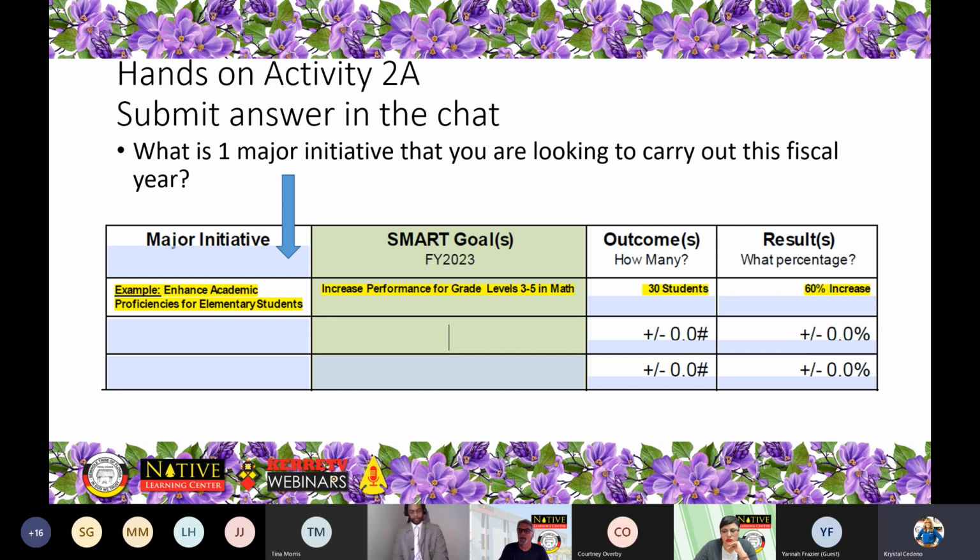Preston stated initiative mixed income housing. Create mixed income housing. Okay, that's a good initiative. Preston also wrote elevate aesthetic value of housing projects. Okay. And then Darlene wrote build small affordable home village.